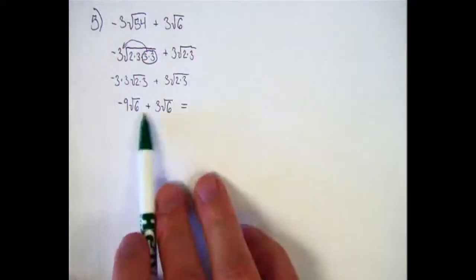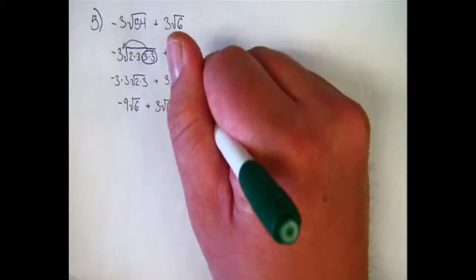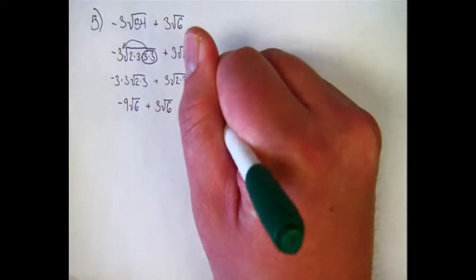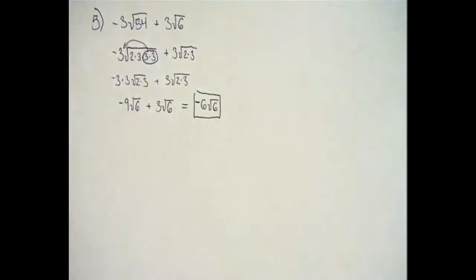Now our radicands are the same, and we can add these. Negative 9 plus 3 is negative 6. So my simplified answer here is negative 6 root 6.